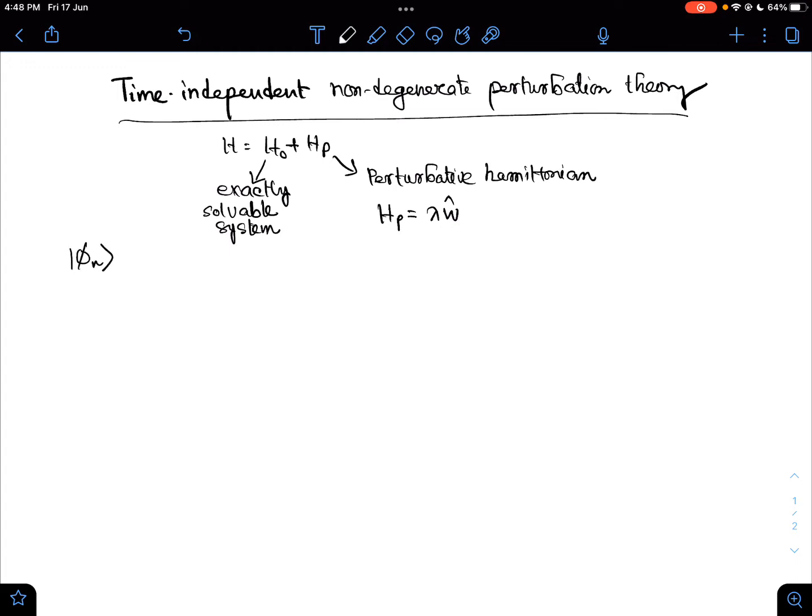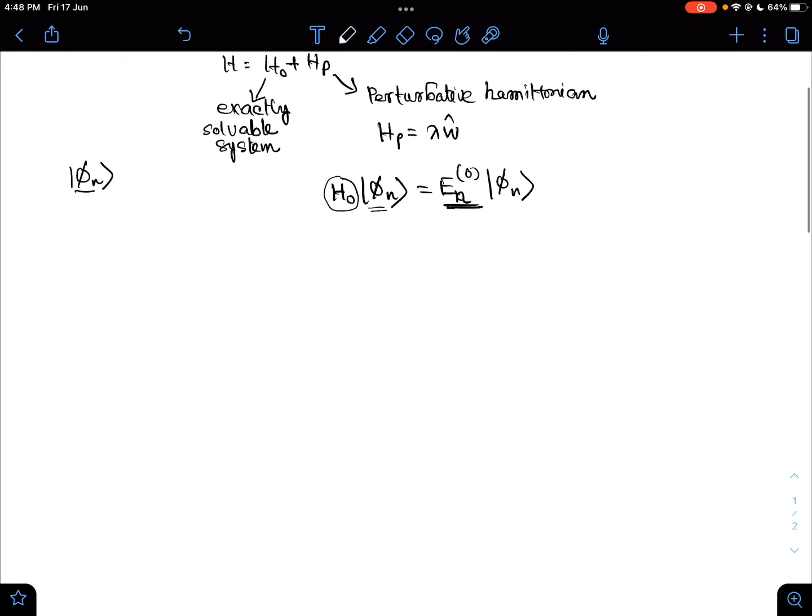So H0 psi n equals En0 psi n. This is the eigenvalue for the corresponding eigenfunction psi n of the operator H0.